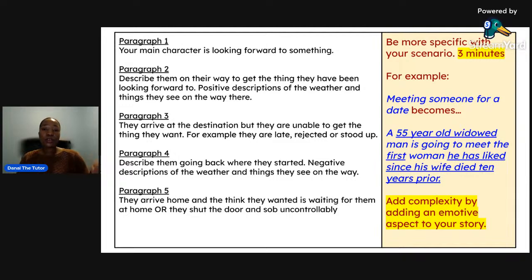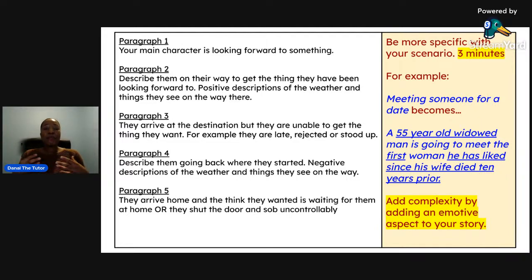Because he's someone who's lost his wife. So it's not just someone going on a random date, they're bored, and then they're just going to see what happens. This is someone who was married before, they lost their wife, and this is the first woman that they've liked since their wife has passed away.